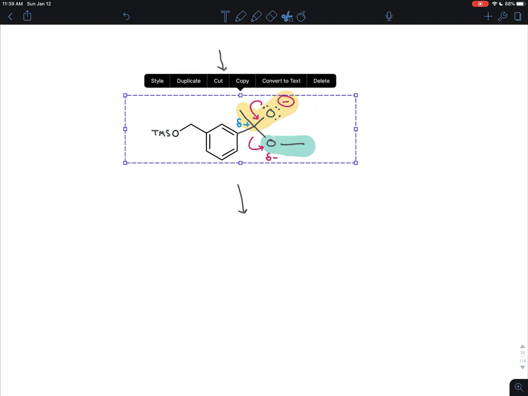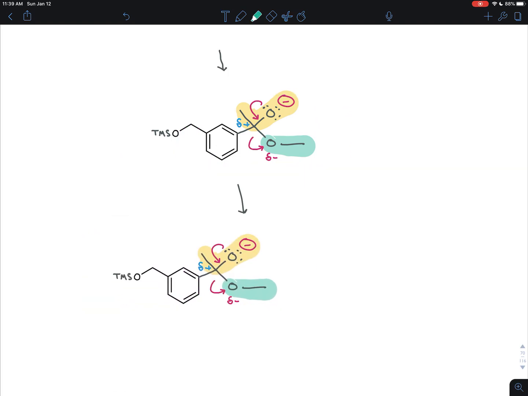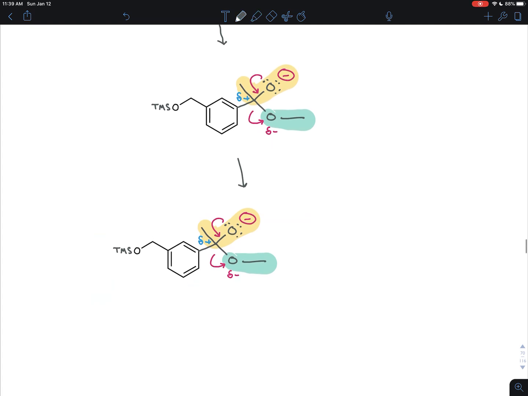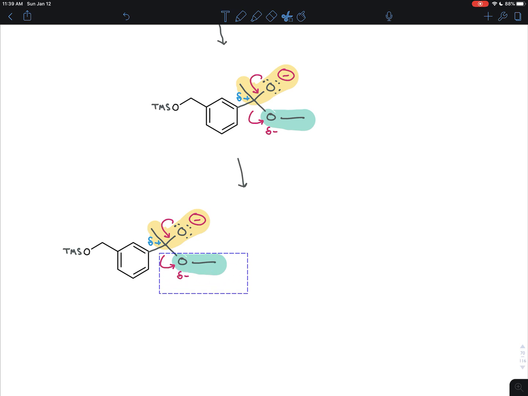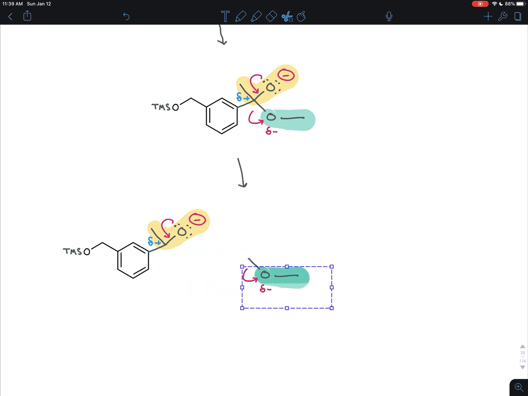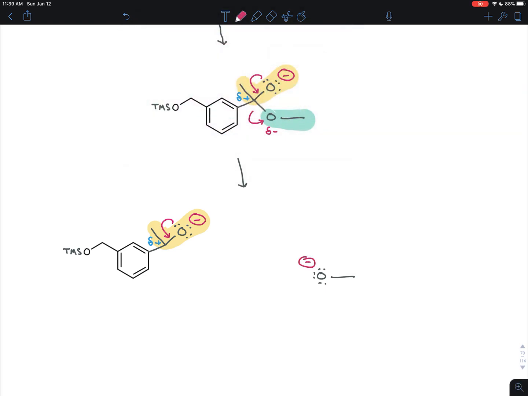The reason why this oxygen in green is able to leave is because even after it leaves, so that's going to leave, these electrons are going to become a lone pair on that oxygen, which now will have a full negative charge.